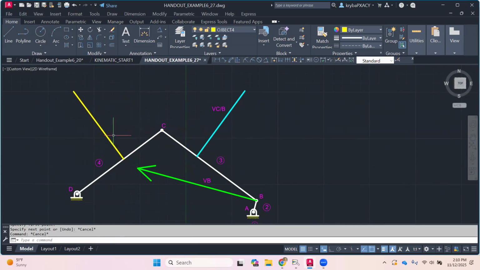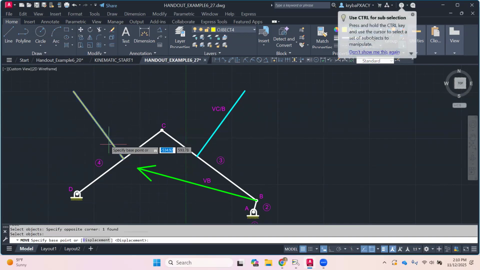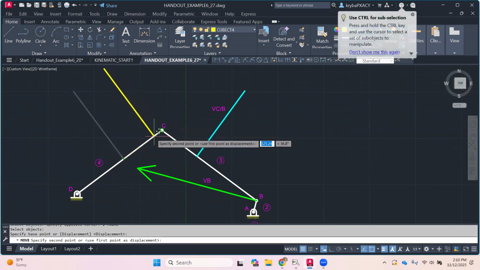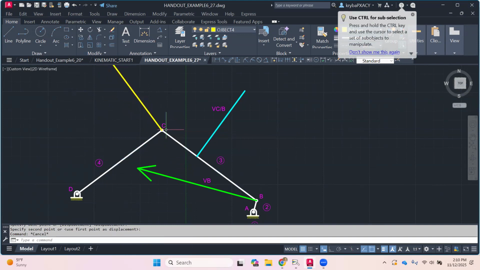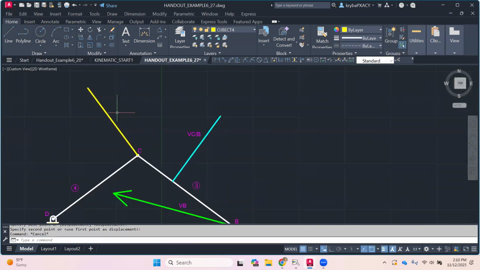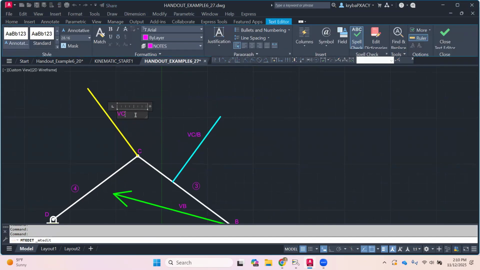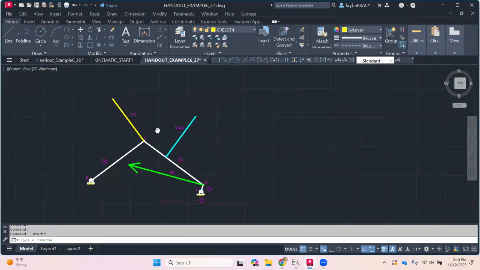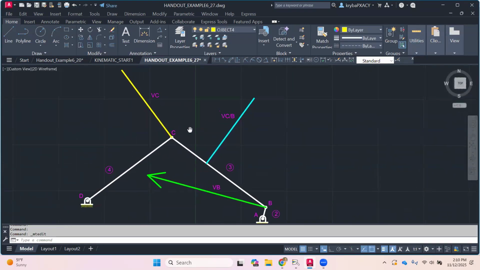And then I'm going to move it because it will be at point C. I'm pretty sure it's going to go up and to the left, but I'm not going to put an arrowhead on it because I'll get its actual endpoint when I do my vector diagram. And this is velocity of C.